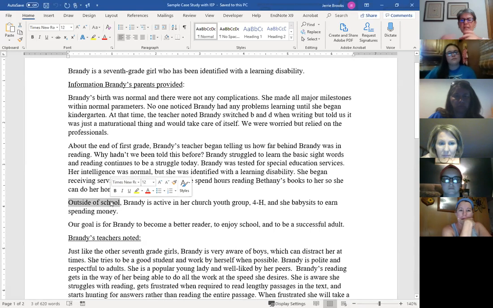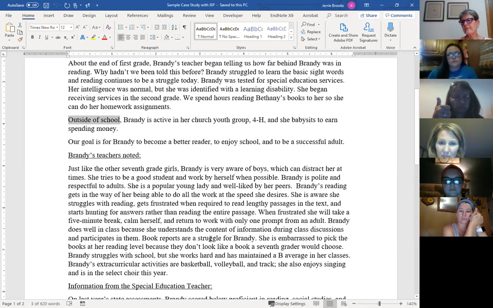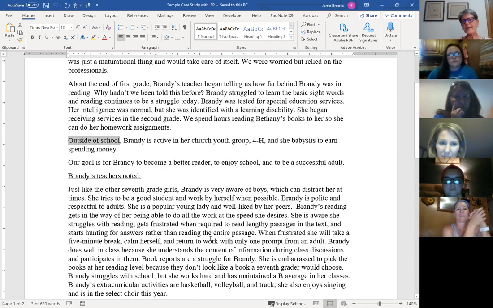Stop at the end of the screen and give me a thumbs up so I'll know that we're ready to scroll it down a little bit more. Just one more paragraph.